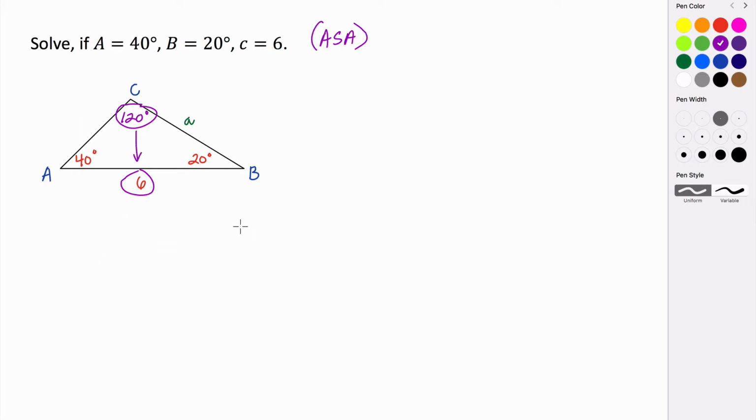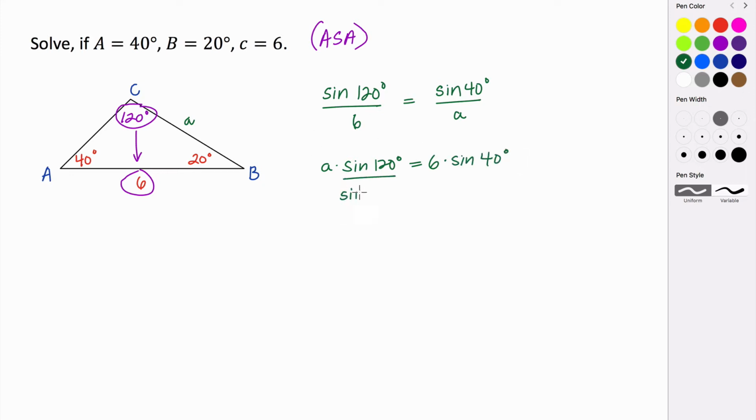We're going to say the sine of 120 degrees divided by 6 equals the sine of 40 degrees divided by A. Do the cross product. A times the sine of 120 degrees equals 6 times the sine of 40 degrees, and then divide by the sine of 120.